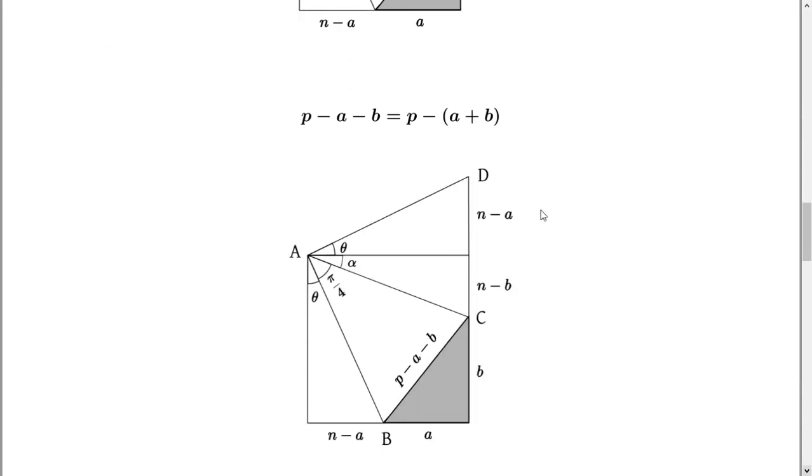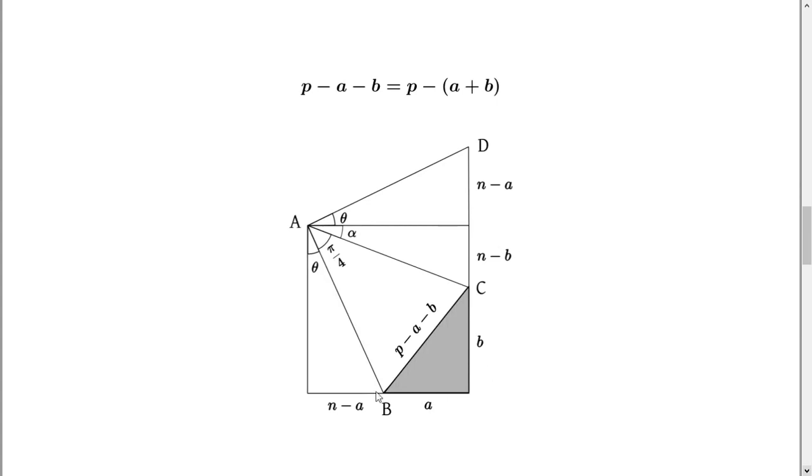Something like this. This triangle has been rotated and brought to this position. So we have brought n minus a and n minus b together, and therefore hopefully it leads us to the answer, because we have the a plus b term here.